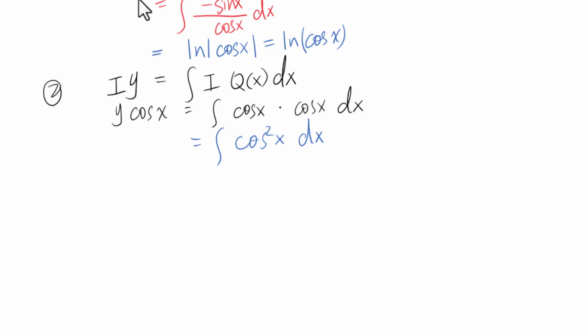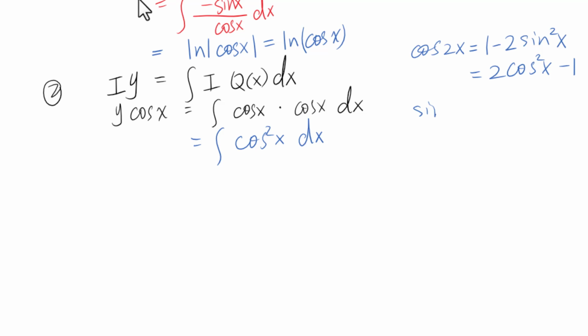For cosine square x and sine square x, we got to use a double angle formula. Since cosine 2x equals 1 minus 2 sine square x, also equals 2 cosine square x minus 1.